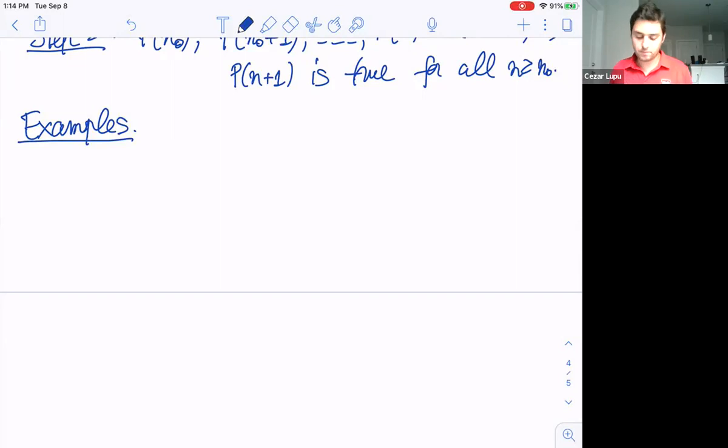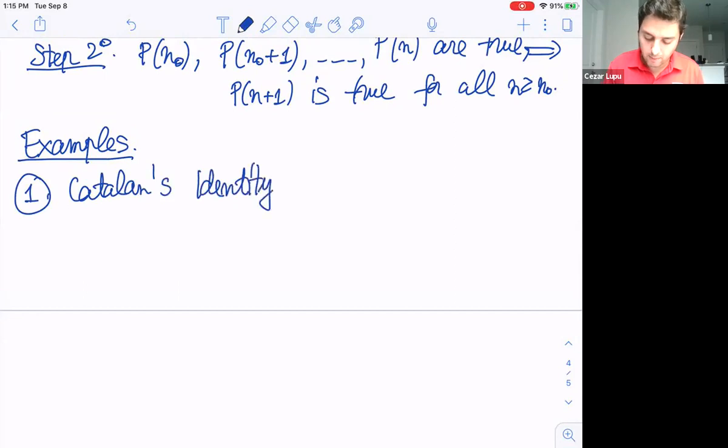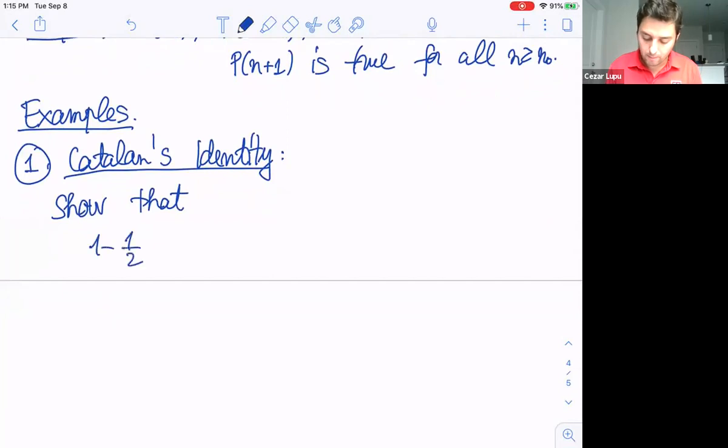For example, the first example I have in mind is the Catalan's Identity, since this is a very nice application of induction, which says the following: show that 1 minus 1/2 plus 1/3 minus 1/4, and we keep going, plus 1 over 2n minus 1 minus 1 over 2n.